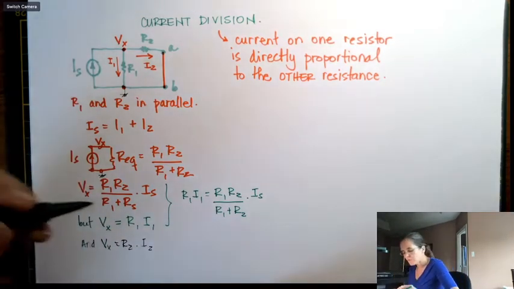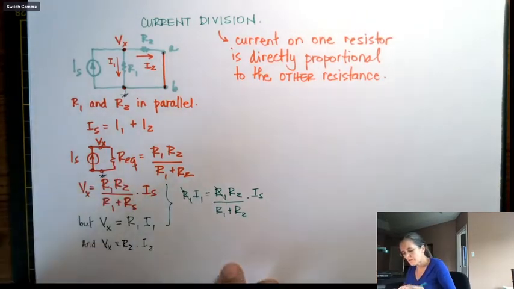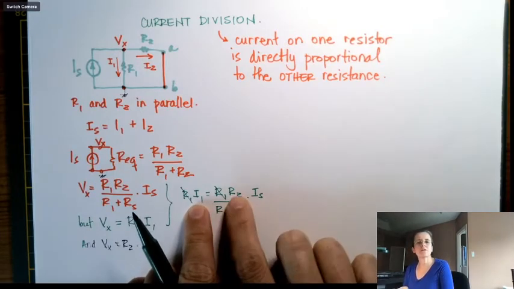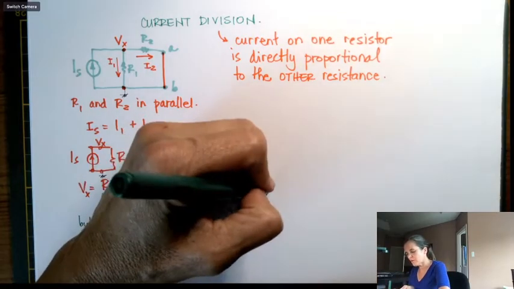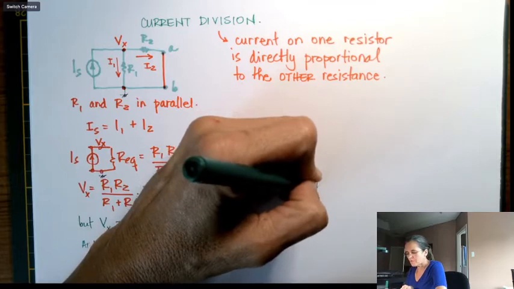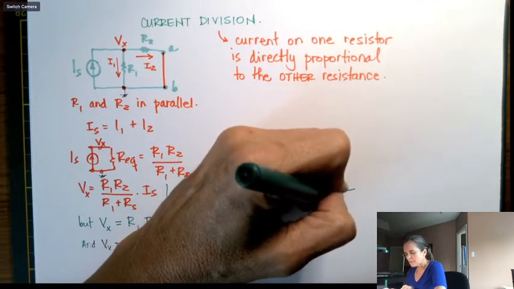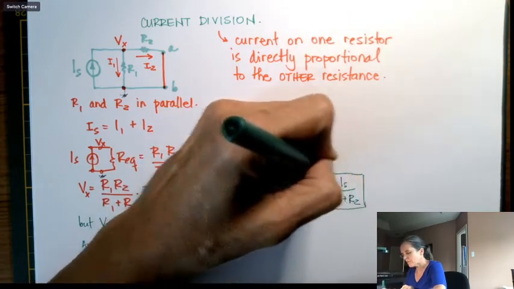Once you do those two, you see how R1 is here and here, so I'm gonna divide both by R1. And what happens is I1 is R2 times something else, so it's proportional to R2 on that numerator. So I1 is R2, super important, times the current source divided by the sum of the two. So you still need both resistors to have a feeling for I1.